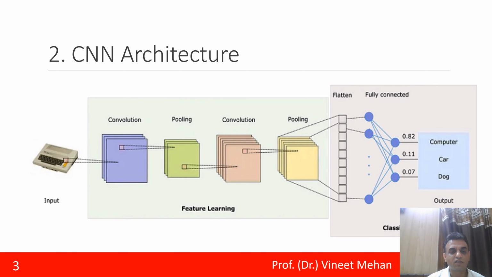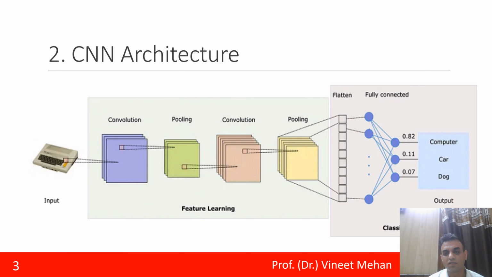Then the output that is generated by feature learning is in the form of a two-dimensional space. So we need to convert it into one dimension. So we need to flatten it further. The flatten layer will reduce it into one dimension. And after this, we will have a fully connected layer. Now the fully connected layer is just like the ordinary ANN, where we have input, hidden, and the output layers.